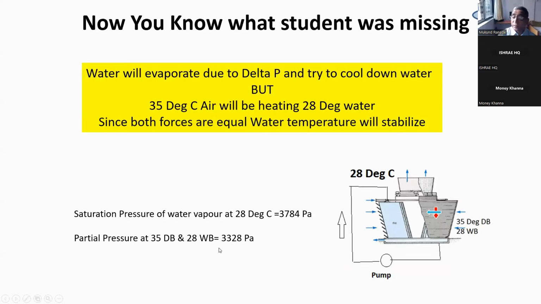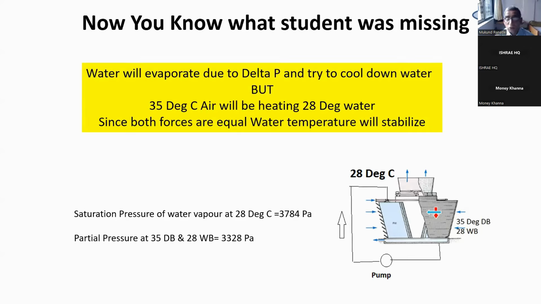So definitely the water will evaporate and some of the water will go into the air and it will try to reduce the temperature of the water. But simultaneously, that 35 degrees air will heat that 28 degrees water. And by definition of the wet bulb temperature, when both forces are equal, then that temperature is called the wet bulb temperature.